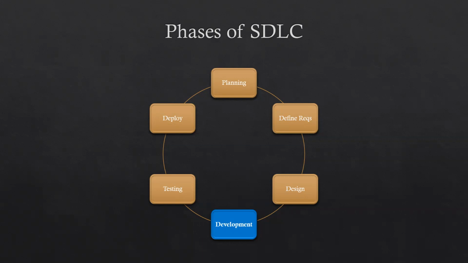Once the development is done, we proceed to the testing phase. This is a collaborative phase which has a link to all the previous stages. In each phase, we actually have to do testing, like testing the design, testing the requirement specifications.